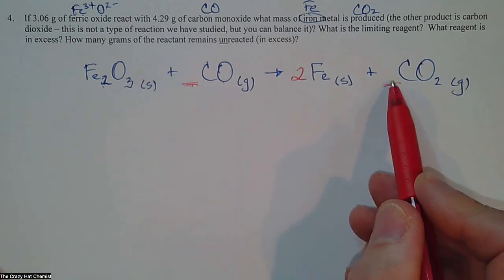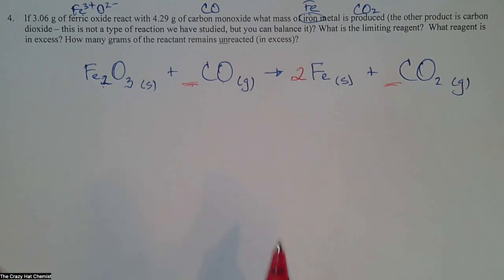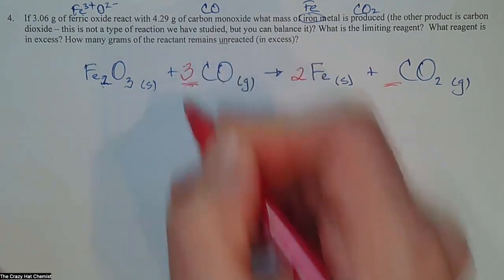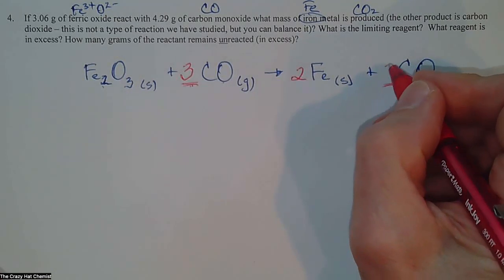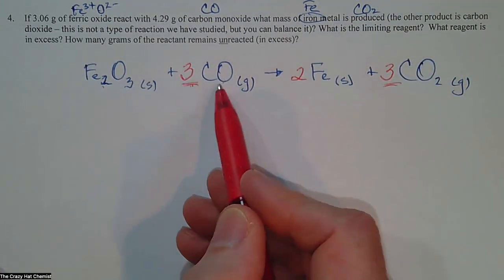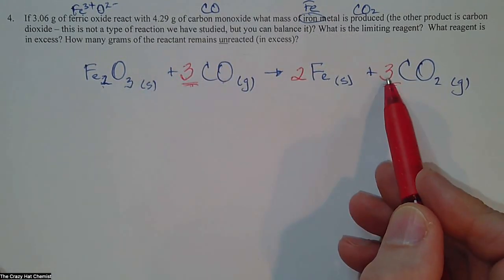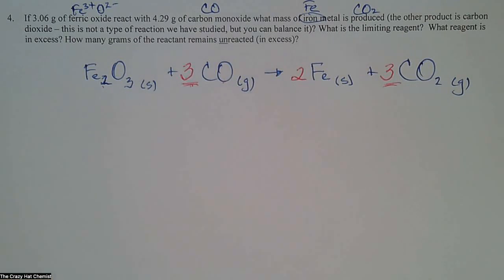And if I have a 2 in front of the carbon dioxide, that would be 4 oxygens. That's not balanced. If I place a 3 in front of the carbon monoxide and a 3 in front of the carbon dioxide, I would have 3 oxygens plus 3, that's 6. And this is 3 times 2, that's 6. Aha, there we go. Now we're balanced.